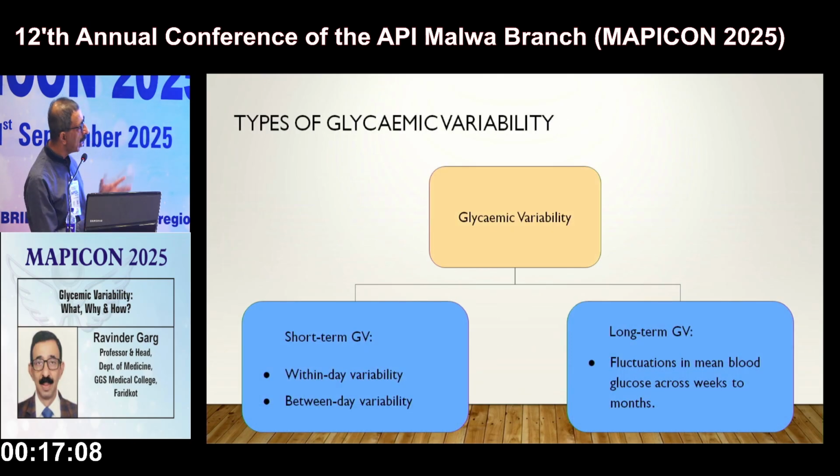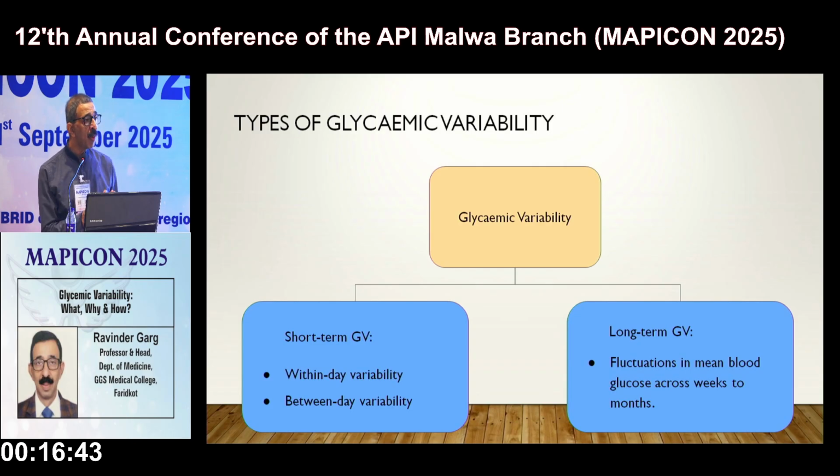Glycemic variability is of two types: short term and long term. What is long term? Long term is fluctuations over weeks and months. This is what is detected by HbA1c or even glycated albumin. Today our focus is on short-term glycemic variability.